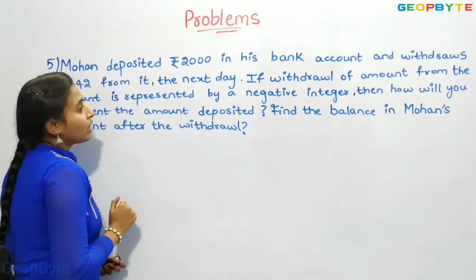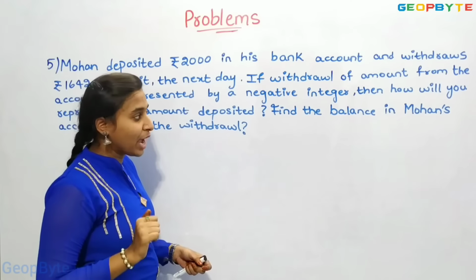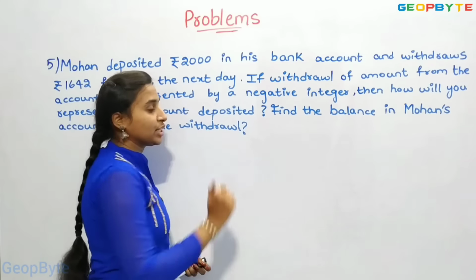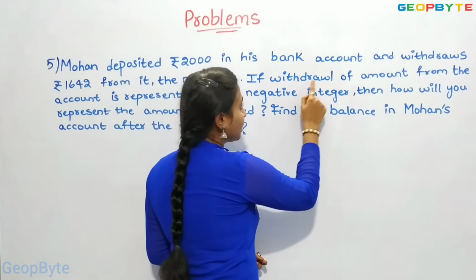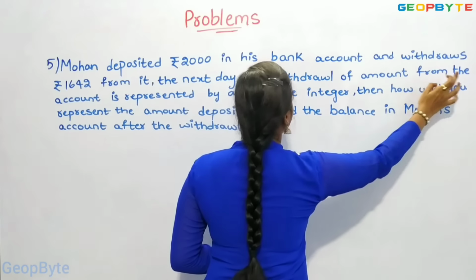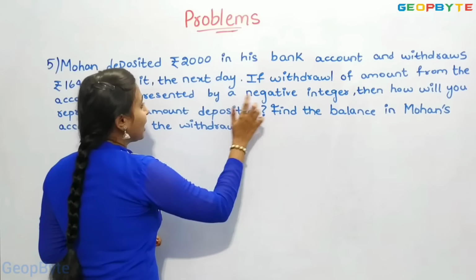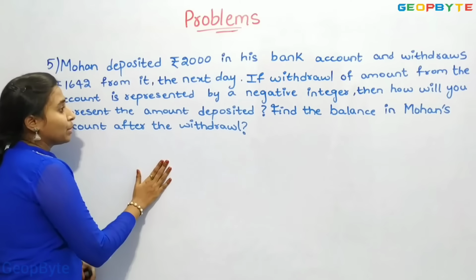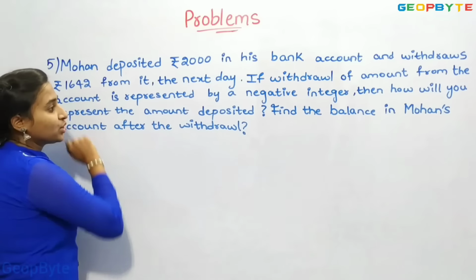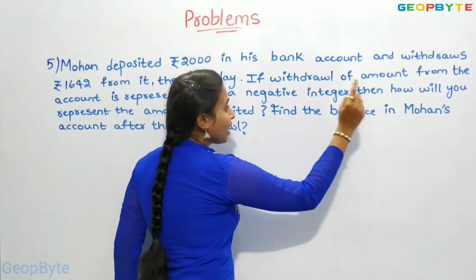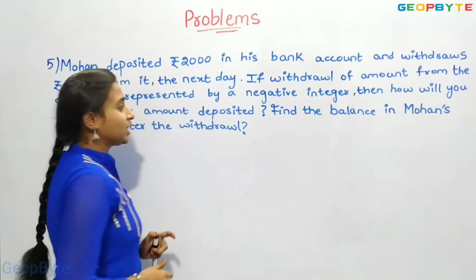If he takes out this amount, how much will be left in his bank account is the question to find. And they have also given that withdrawal is to be considered a negative integer. Then how will you represent the amount deposited?